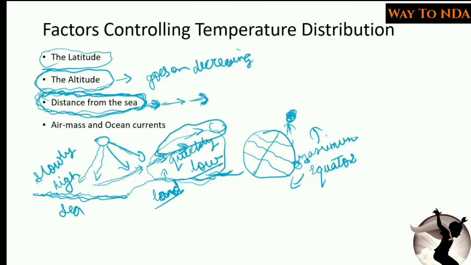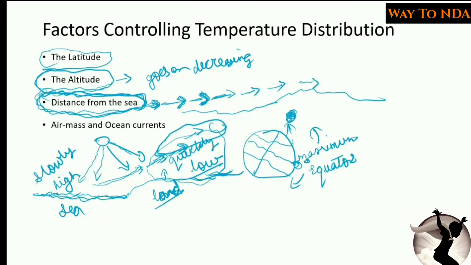So they experience less variation in temperature during summers and winters, because the moderating effect of the sea is taking place. The sea breezes are blowing towards the land and moderating the temperature over the land.